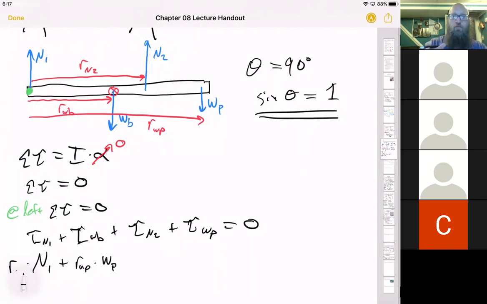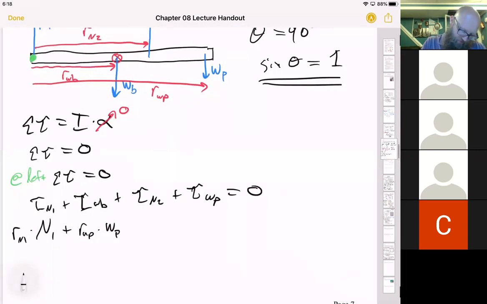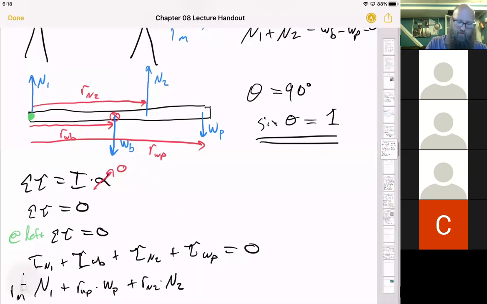So positive is correct here. But when I get to R for normal 2 times normal 2, it's going to cause clockwise, counterclockwise. I had that backwards. Sorry, guys. The weight of the paint can causes clockwise rotation. I forgot how clocks work. It's fine. So that one should be negative.